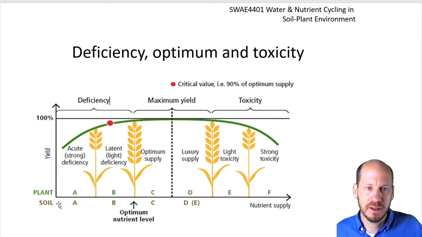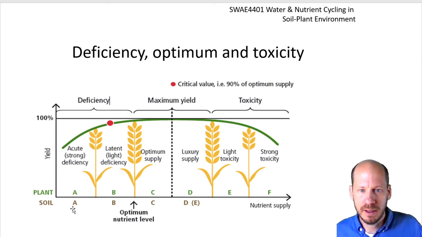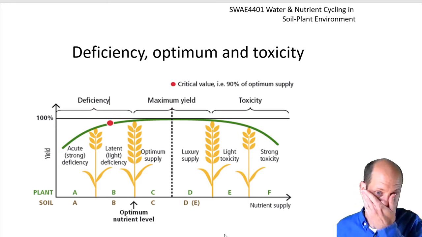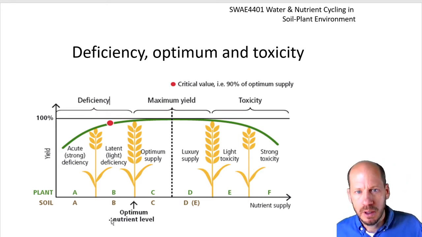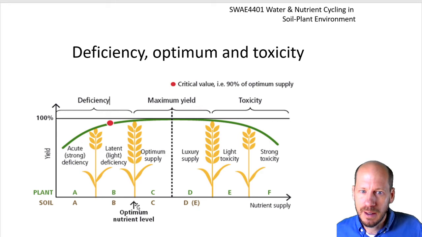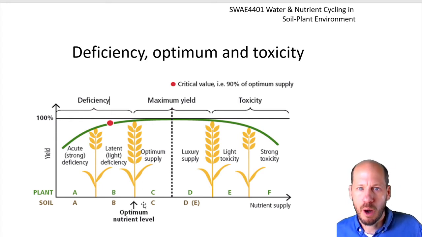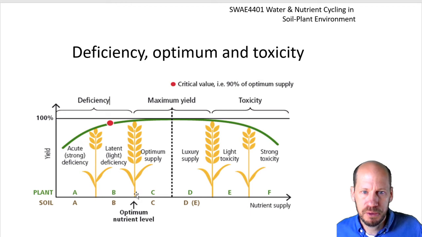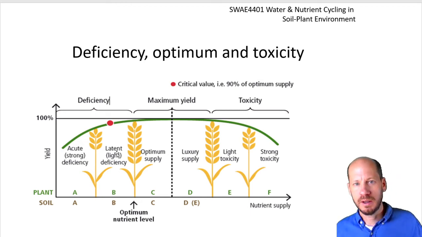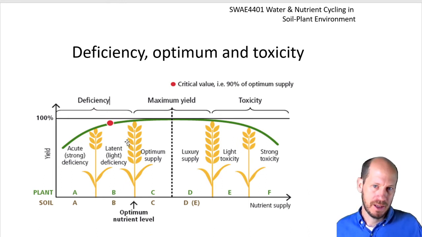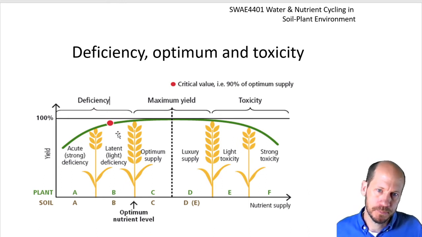So if you have that the y-axis here is the yield of the plants, and the x-axis is the concentration of the nutrient, there is a limit where this nutrient is so low that the plants cannot grow really well. And it reaches a point where there's an optimum level of the concentration of these nutrients, where the plants can perform at their highest yields.